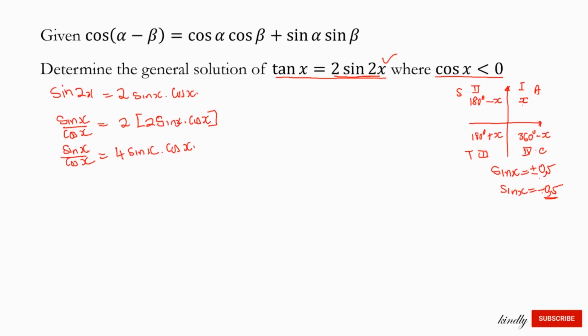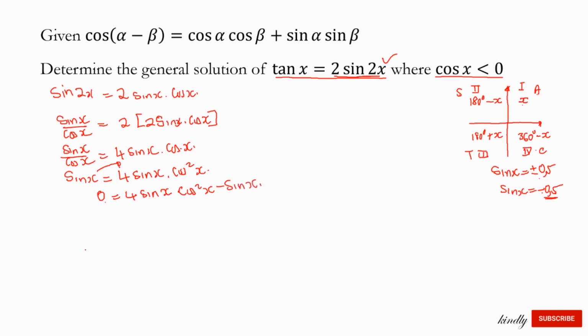We multiply the left-hand side by cos x, and we multiply the right-hand side by cos x. Then we get sine x is equal to 4 sine x times cos squared x. Then let's get our standard form: 0 is equal to 4 sine x times cos squared x, and then we transpose this, which becomes negative sine x.